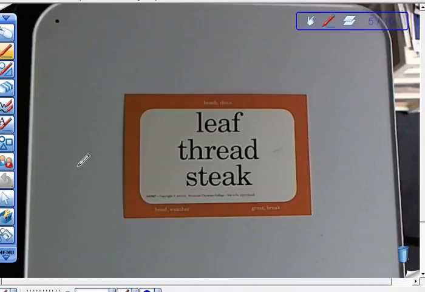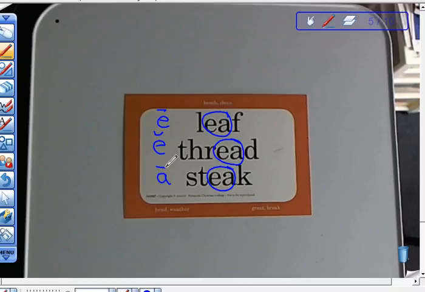Teaching you special sounds teaches your brain what those sounds look like before you even get there. Okay, so we have leaf, which the EA had that long E sound. We have the word thread. The EA in this one had the short E sound. And the EA in steak says the long A sound.